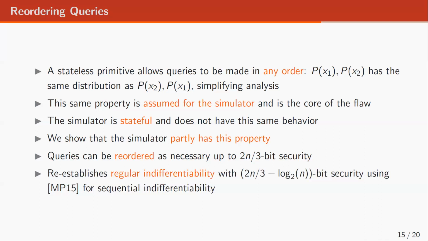And in combination with the work of 2015, for which the sequentiality was the only problem, we are able to recover that result and then prove sequential indifferentiability with 2n/3 minus logarithm of n bits of security.